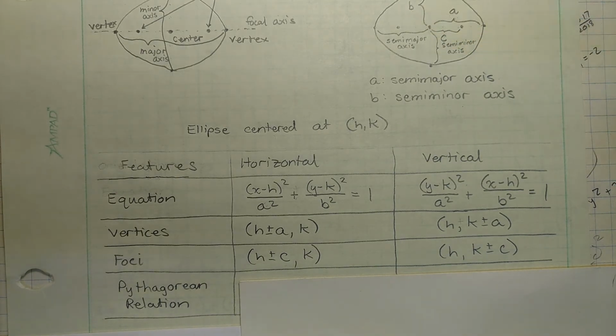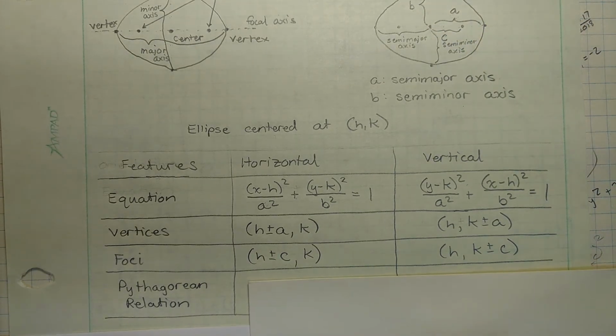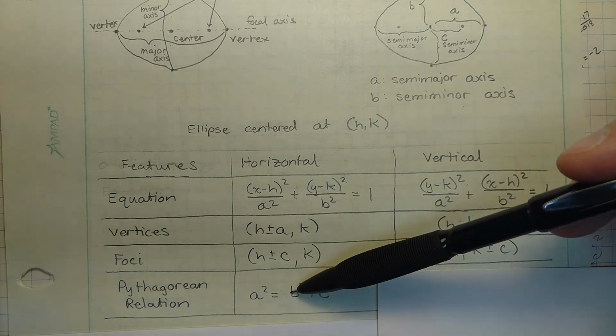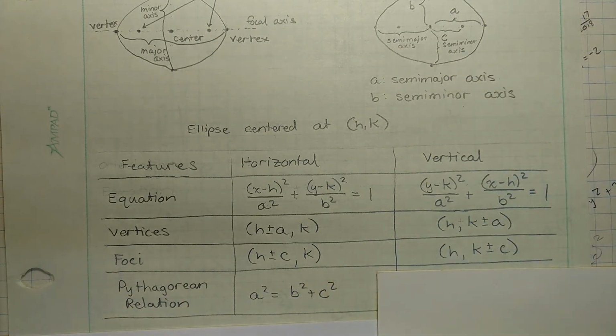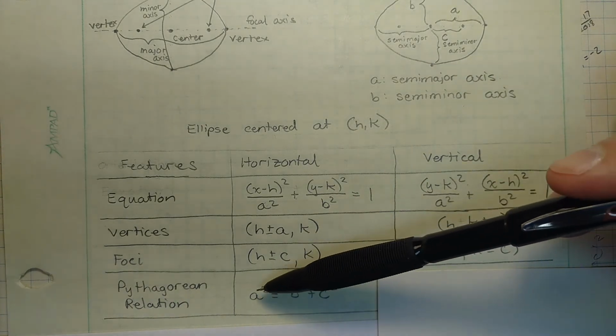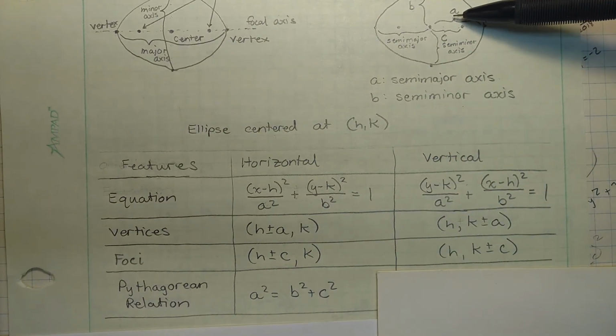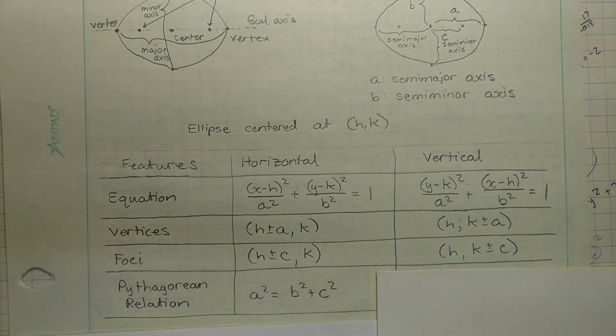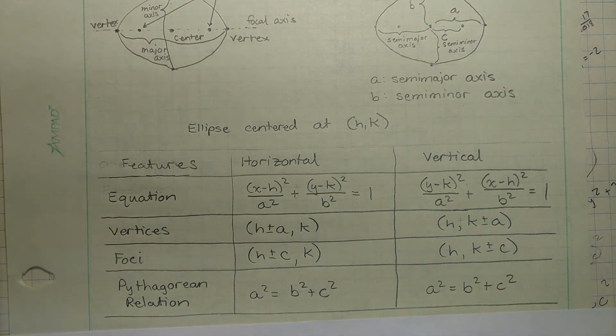B and C are shorter, they are like the legs. So our relation is A squared is equal to B squared plus C squared. The two smaller distances, B and C, when squared and added together, add up to A squared. And it doesn't matter whether it's vertical or horizontal, because those A's, B's, and C's are designated based on the orientation of it.